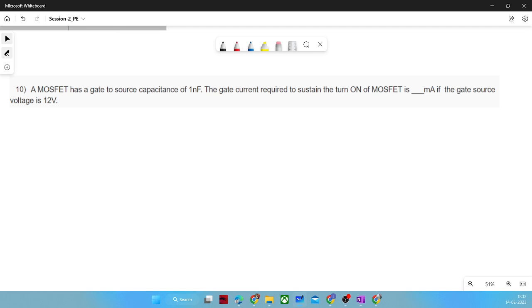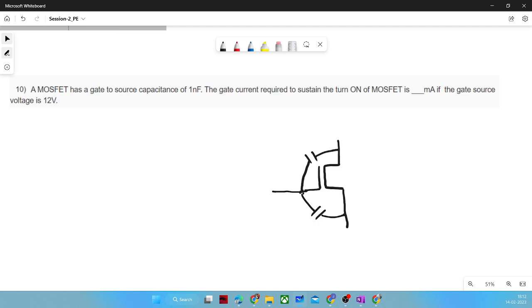Yes, sir. Okay, thanks. So here, you have a gate to source MOS capacitance. Basically, let me draw it. There will be some parasitic capacitances always present between your gate to source, gate to drain also.